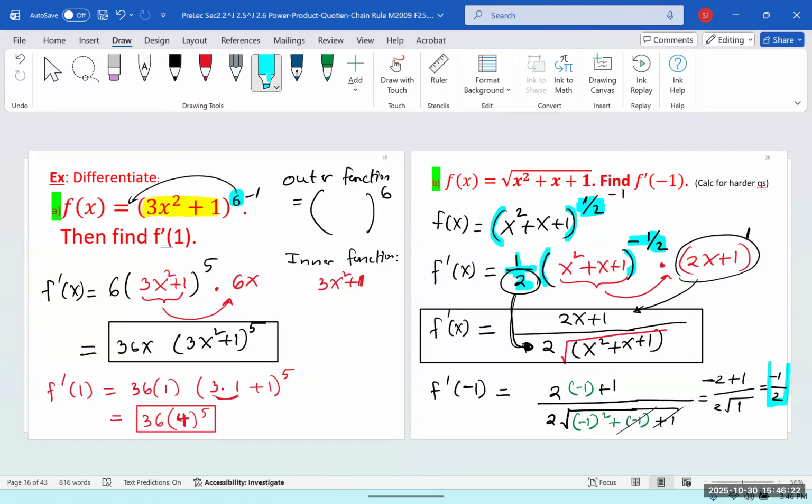This is our final answer. The derivative at x equals -1 is -1/2. Sorry, -1 squared, what is -1 squared? Oh, +1. And you have 2 times the radical, the square root of 1.